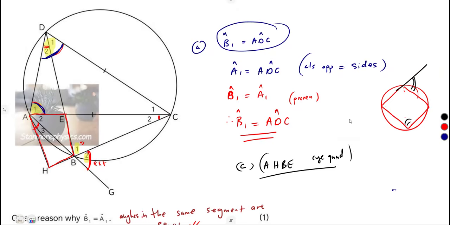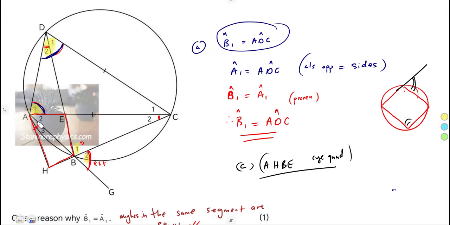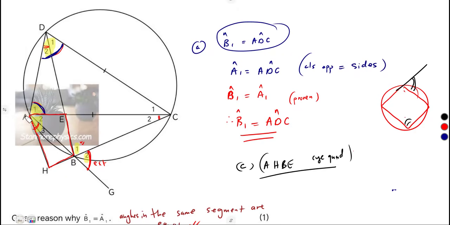What we can prove so far, let's see, guys, what we have. Remember, there's a tangent and a chord here. So the whole of this angle, A2 and A3, is the angle between a tangent and chord AC.